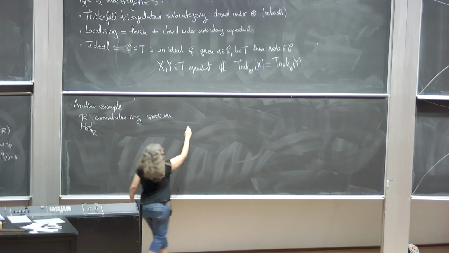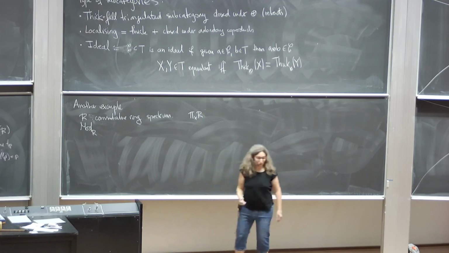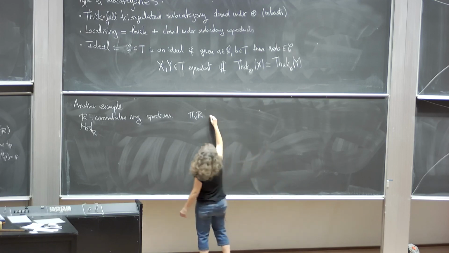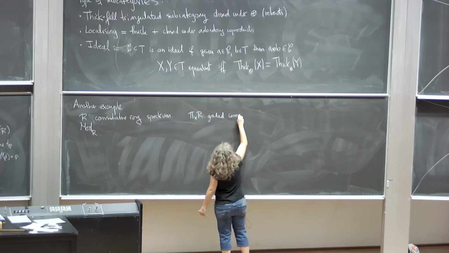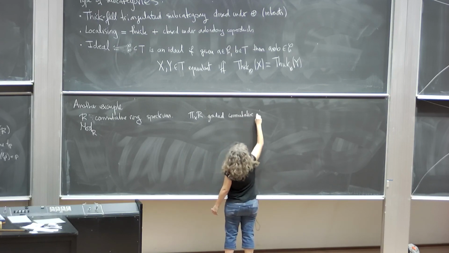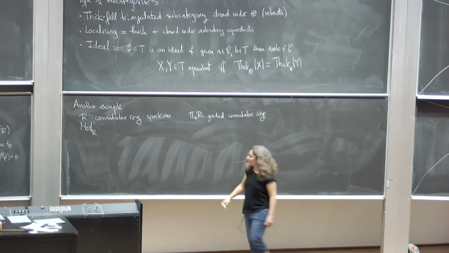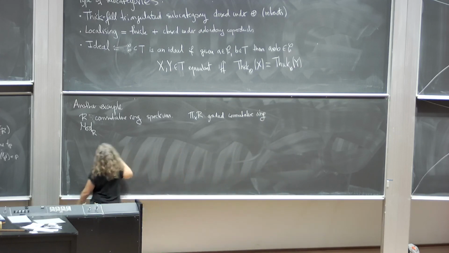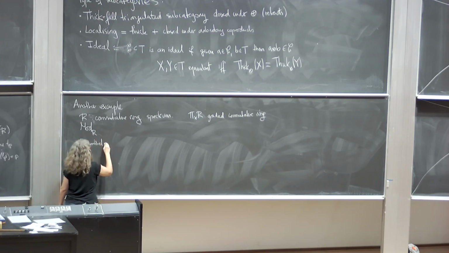And if you look at the stable homotopy of this spectrum, this is a graded commutative ring.